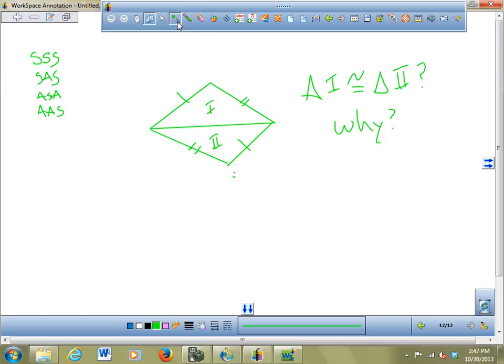So there's another side here that you have to kind of pick up the slack a little bit. You have to say, oh, that side's in both triangles, right? Therefore, by side-side-side, those two triangles are congruent. Get that? Okay, so that is why, yes, by side-side-side. Okay? I can do a couple more.